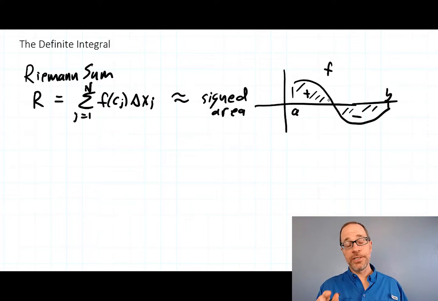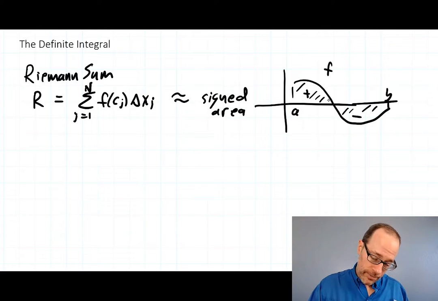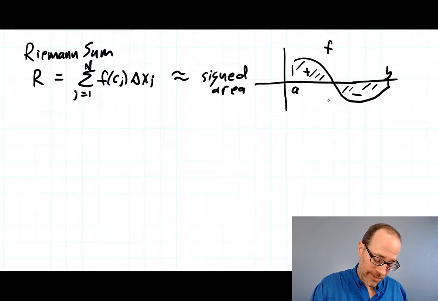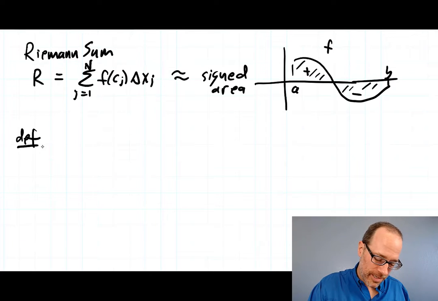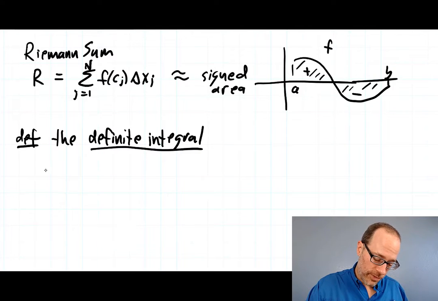And it seemed intuitive that as the delta x's got smaller and smaller, the approximation got better and better, and that in the limit it should be exact. And that limit is the definition of the definite integral. So, definition: the definite integral of the function f over the interval a to b is written with this notation.